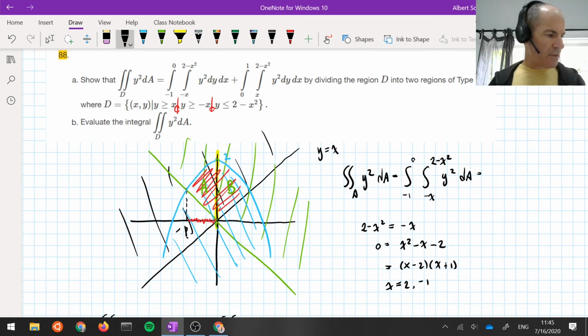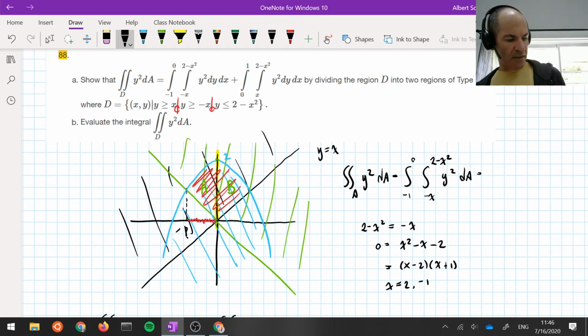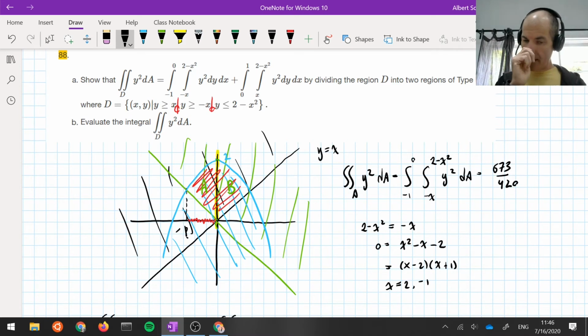I'm going to leave it to you to do that calculation. I've done it in advance here, and it's actually surprisingly hideous. I ended up using Sage for this: 673 over 420. All right.